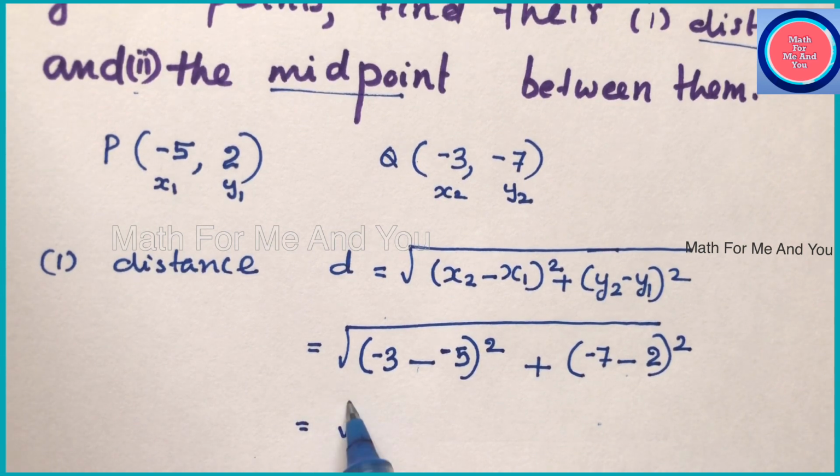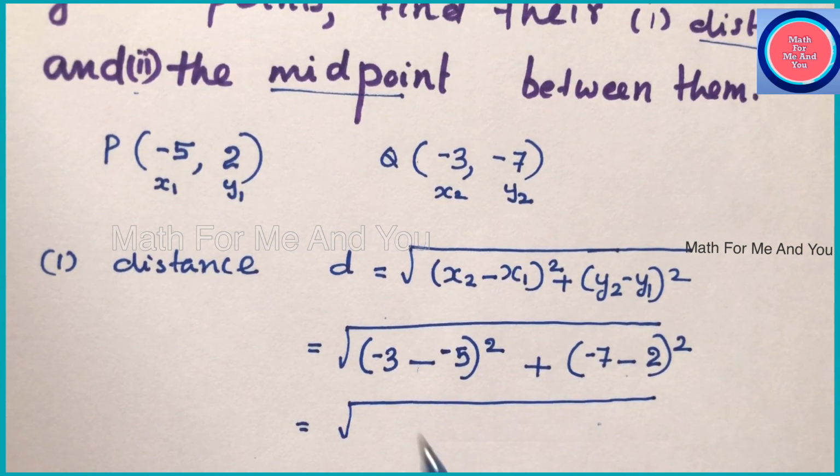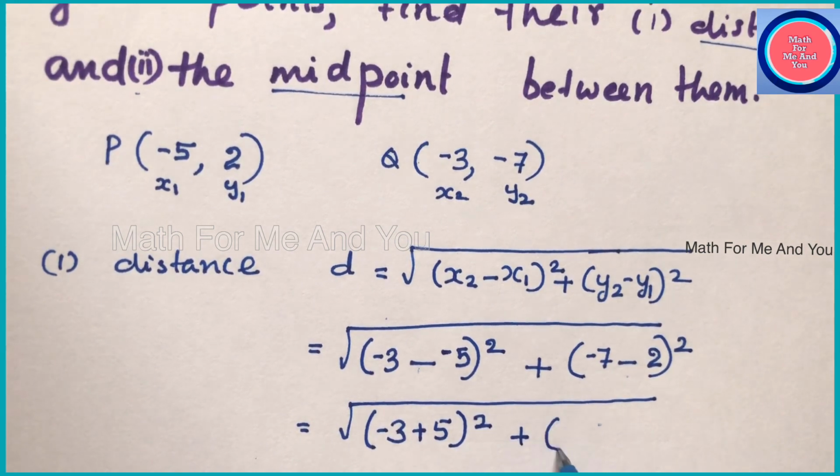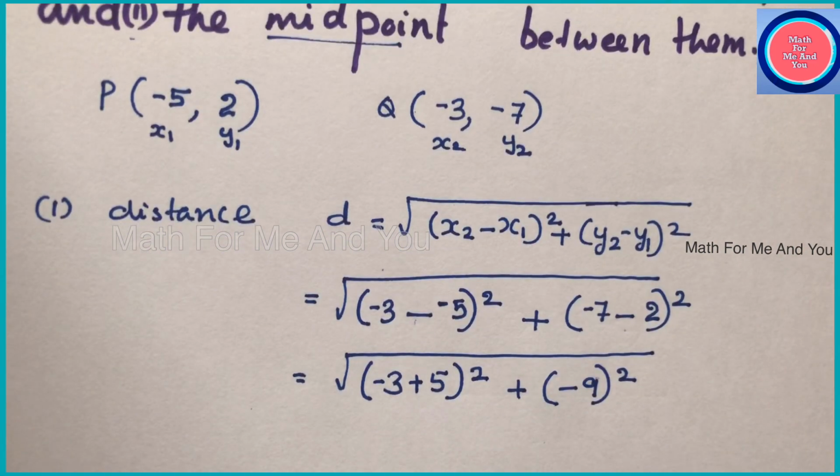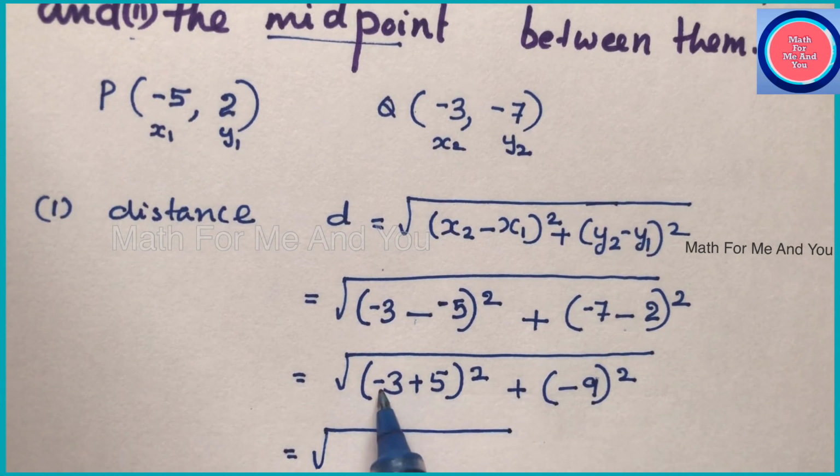This equals square root of minus 3, and you can see minus minus becomes plus, plus 5 the whole square, plus minus 7 minus 2 is minus 9. Both are negative, so minus 9 the whole square. Square root of minus 3 plus 5, which is 2. 2 square is 4.